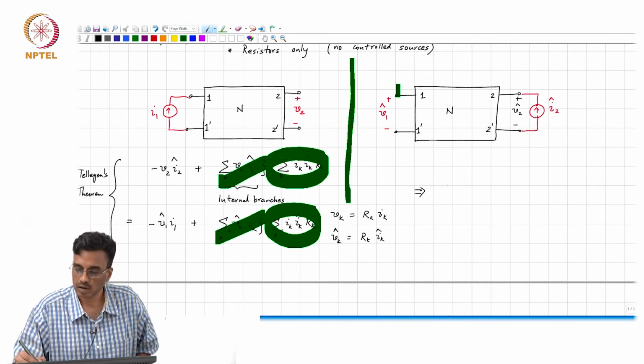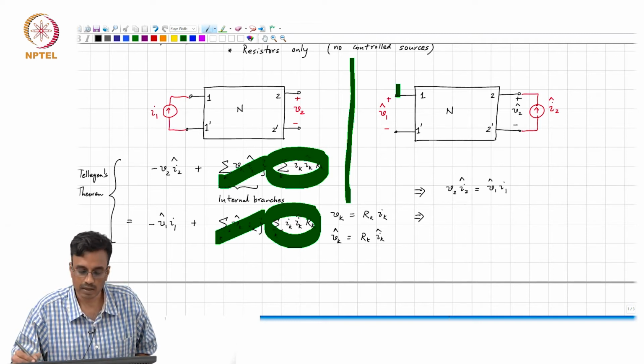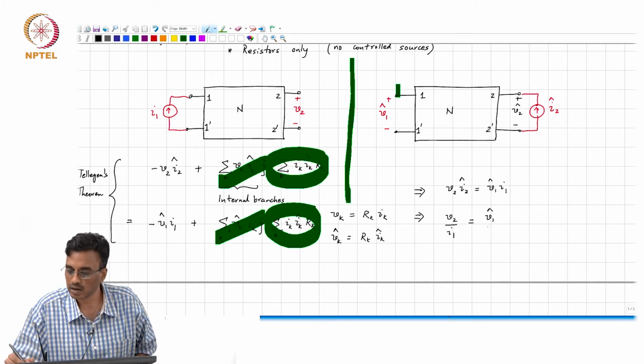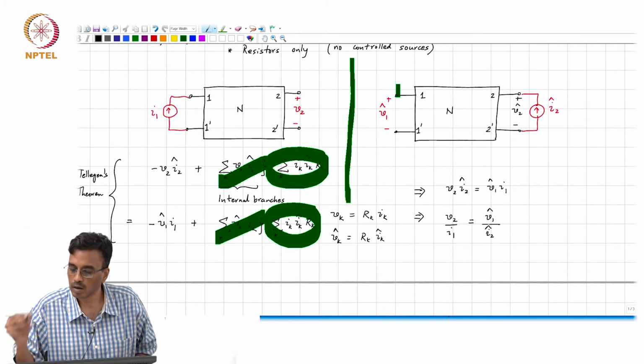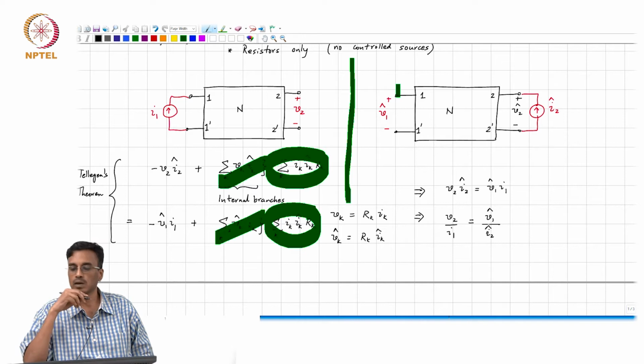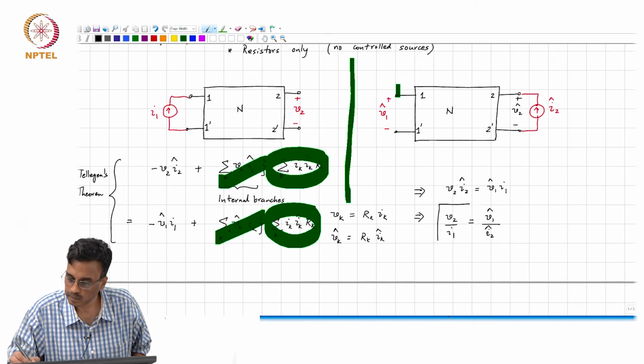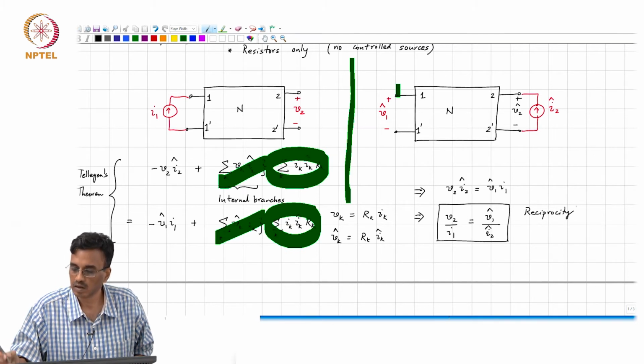We get V2 times I2 hat equals V1 hat times I1, which is equivalent to saying that V2 by I1 is the same as V1 hat by I2. So, this is the reciprocity.